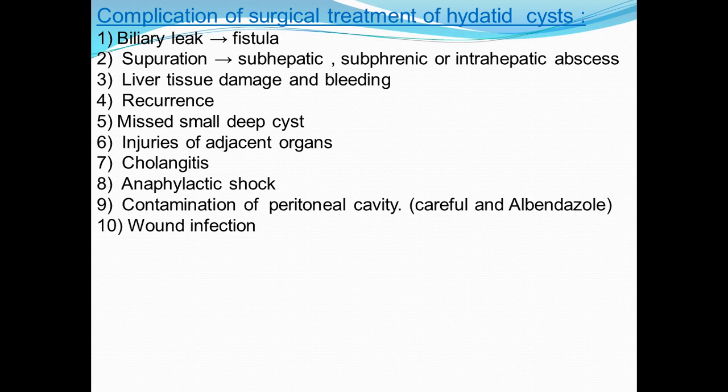Cholangitis. 8. Anaphylactic shock. 9. Contamination of peritoneal cavity, and this would be avoided by careful steps during surgery and using albendazole, as I already mentioned previously in the last slide. And lastly, wound infection.